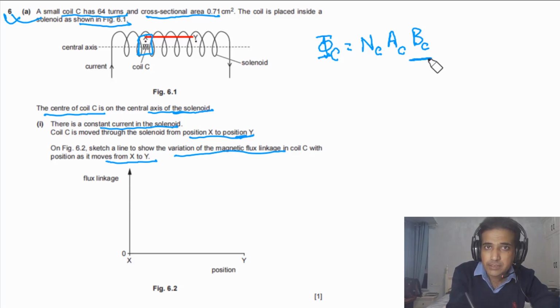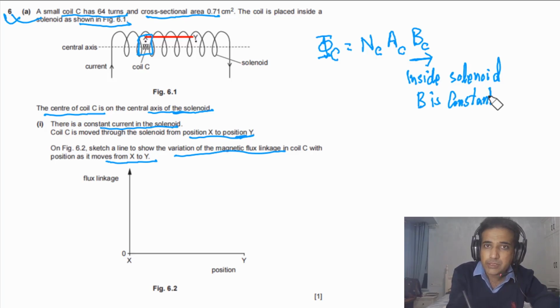Magnetic flux density means the magnetic field inside the solenoid is constant. So we can say inside the solenoid the value of B is constant. This is the main concept you need to understand. So inside the solenoid, magnetic field is constant, meaning magnetic flux density is constant.